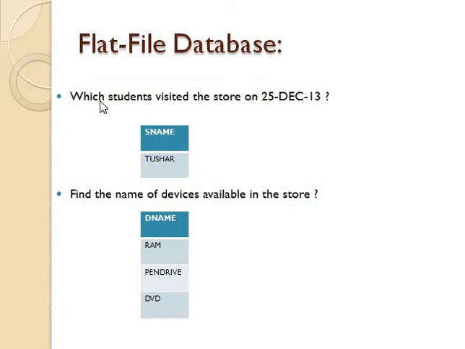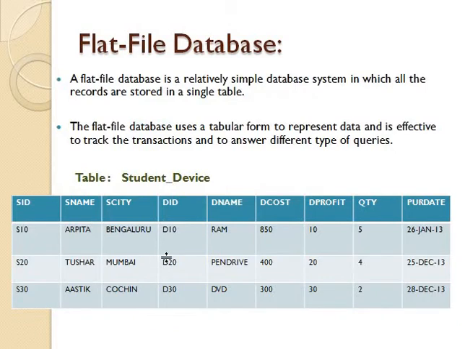Now let's say you are asked to find the students who visited the store on 25th December 2013. Then you need to check this table again. Look at the purchase date, which is 25 December 13 in our case. Now, which are the students who have visited the store on this particular date?